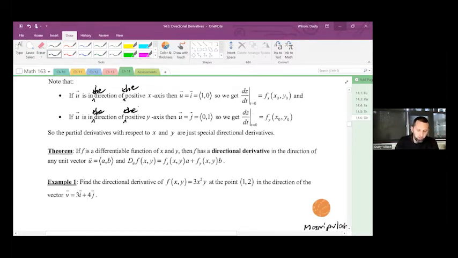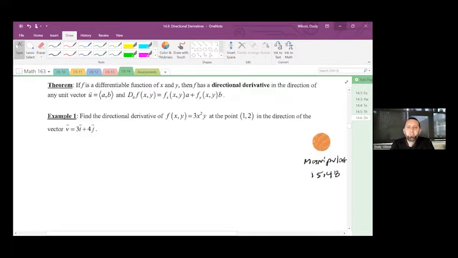So here's the key. If it's with respect to i, then we just end up with fx. If it's in the direction of j, then we just get the partial derivative with respect to y. If f is a differentiable function of x and y, then f has a directional derivative in the direction of any unit vector u equal to a, b.